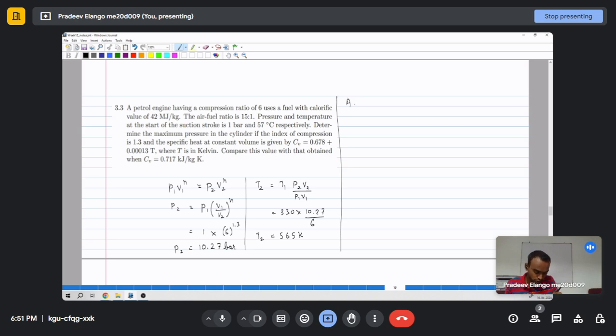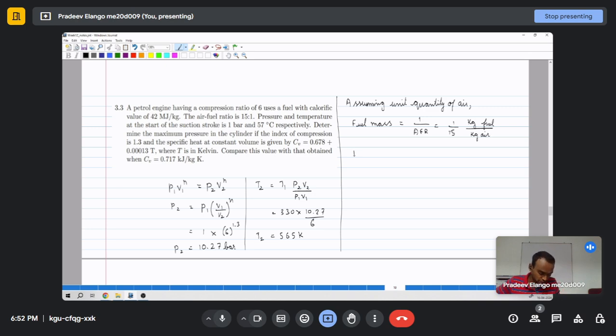So assuming unit quantity of air, this is 1 by 15 kilogram of fuel per kilogram of air.